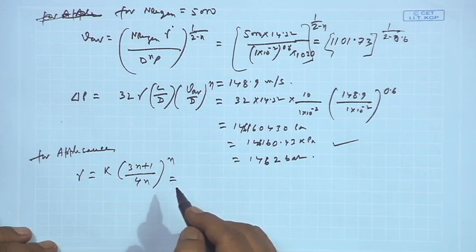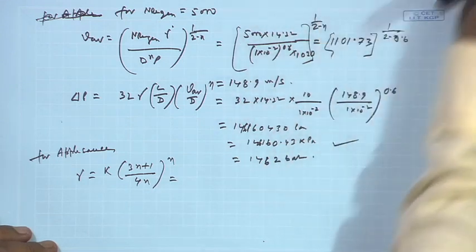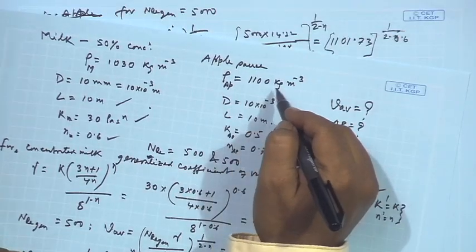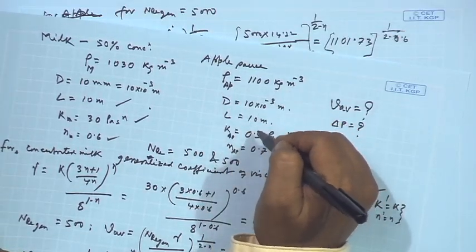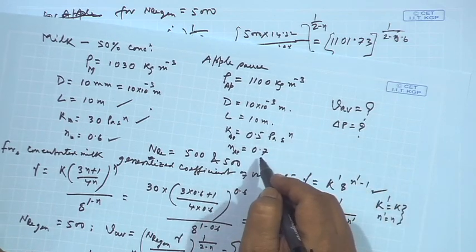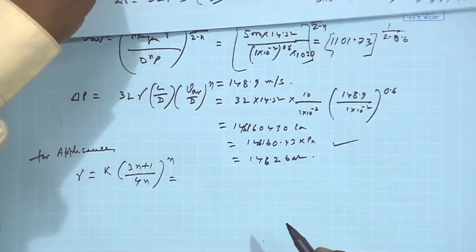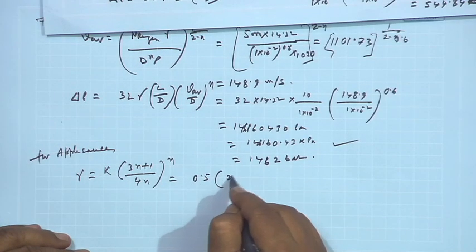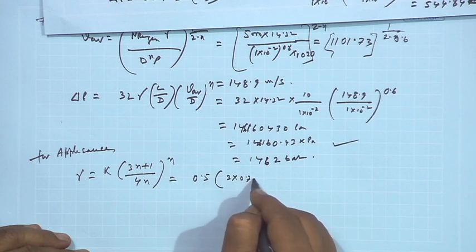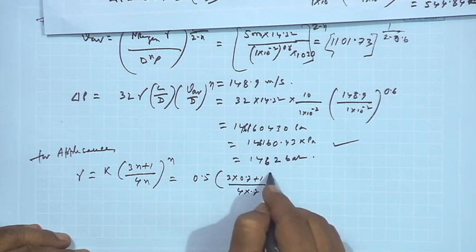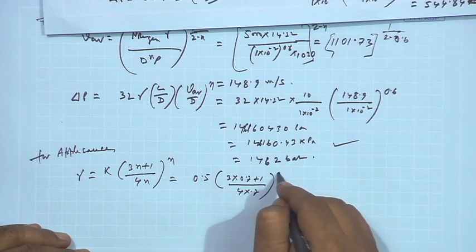For apple sauce we had, if you remember, rho is 1100, T remains same, K is 0.5, and n is 0.7.